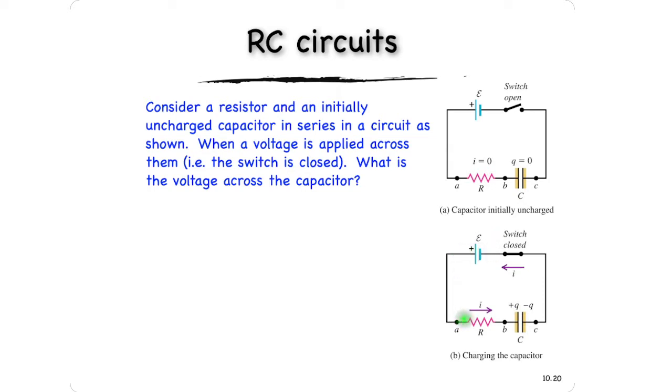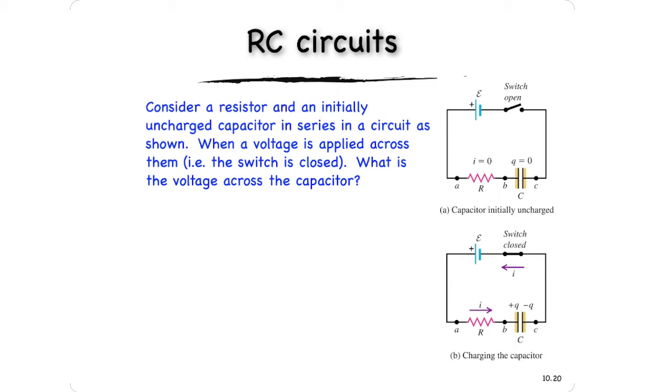And the voltage drops have to equal E: IR, and Q over C is the voltage drop across the capacitor. So as Q builds up, I goes down. And eventually, when this is fully charged, such that the voltage drop across it equals the EMF of this battery, then there's no longer any voltage drop across the resistor, and no more current will flow.